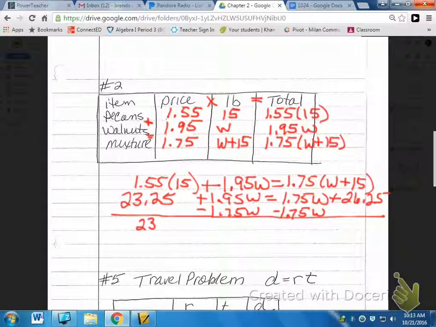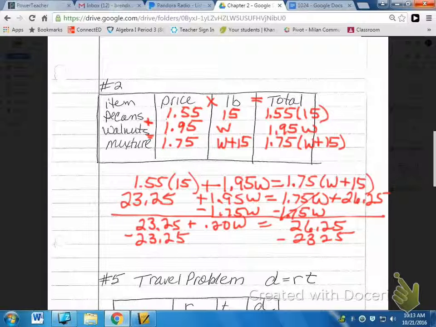So $23.25 plus 20 cents W equals $26.25. Okay, subtract my $23.25. I get 20 cents W equals $3.